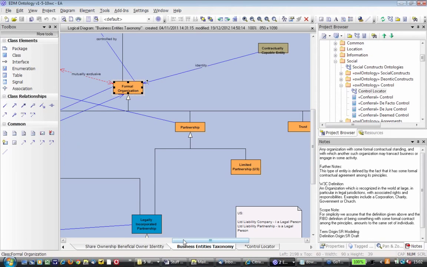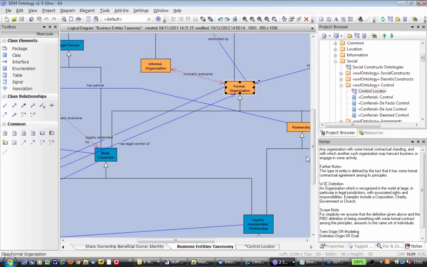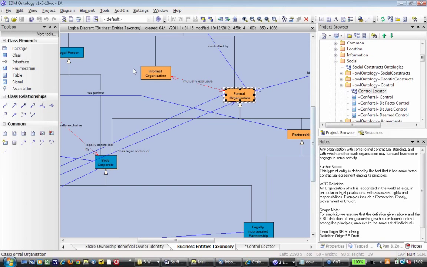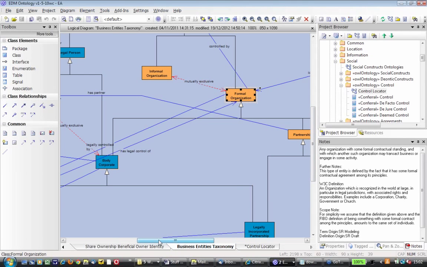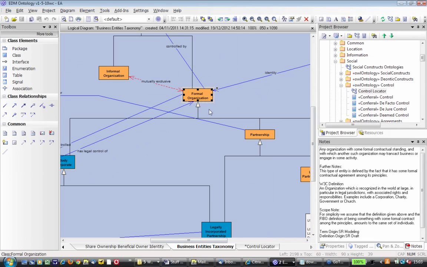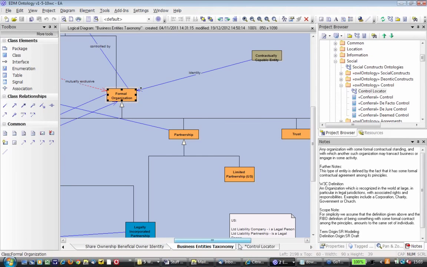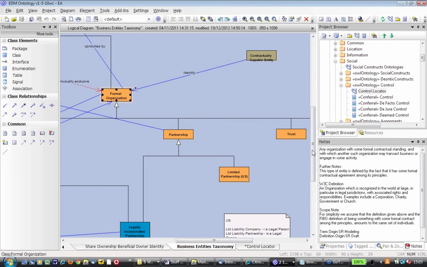And then the deemed control and de facto control, presumably, I haven't connected these up to anything yet, but presumably these would apply at the highest level of basically any kind of formal organization and or any kind of body corporate, any kind of legal person.